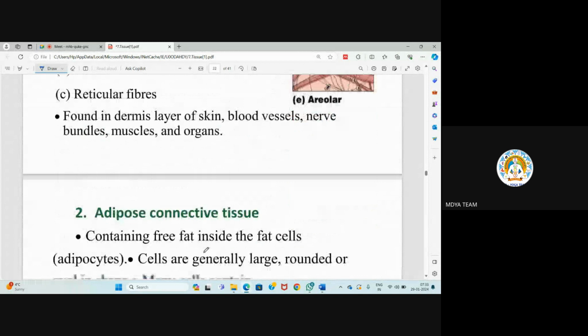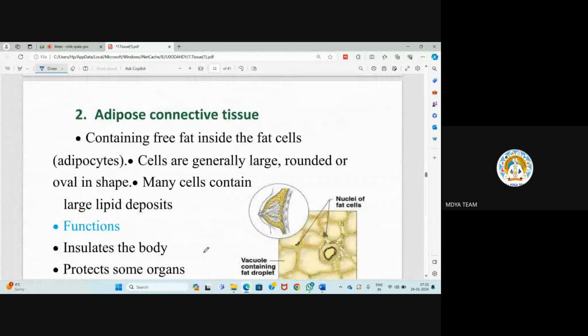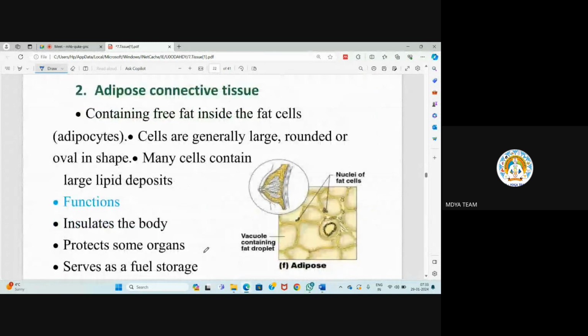Okay. Now, second is adipose connective tissue, containing free fat inside the fat cells. The second type of connective tissue, adipose connective tissue, contains fat cells.